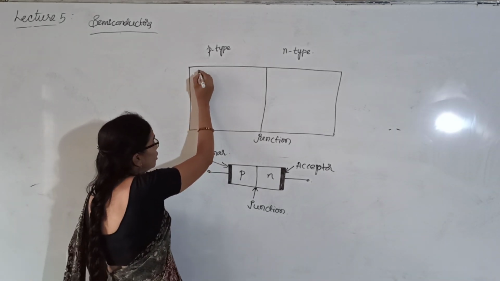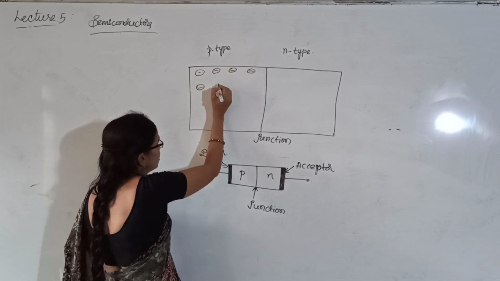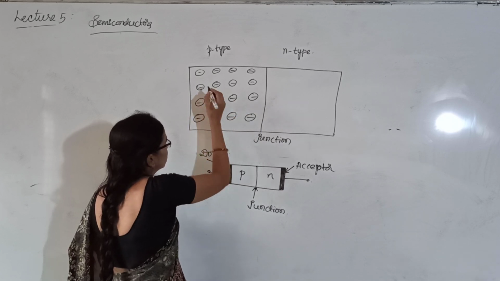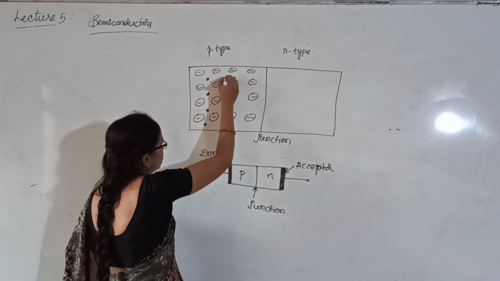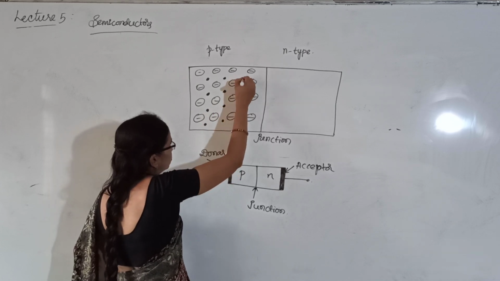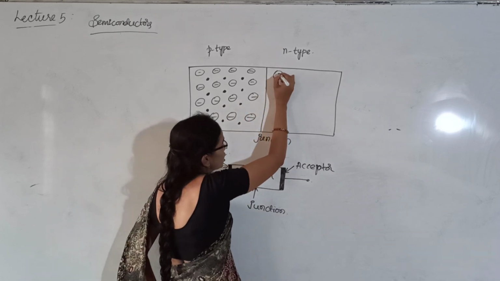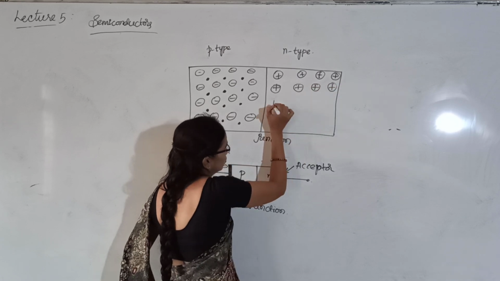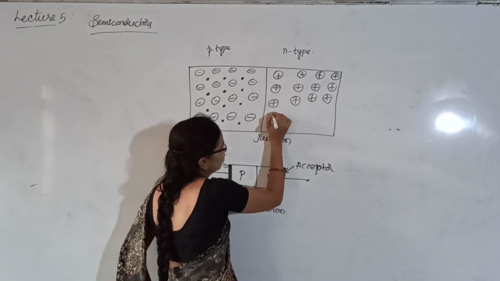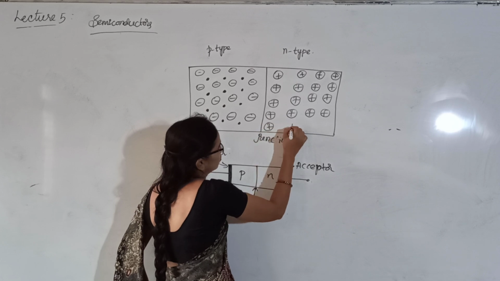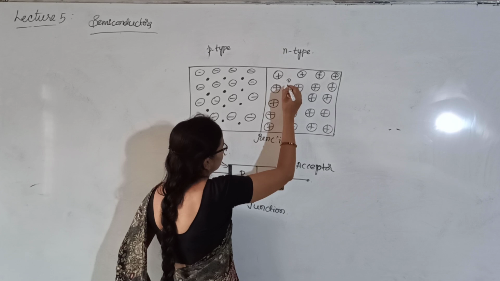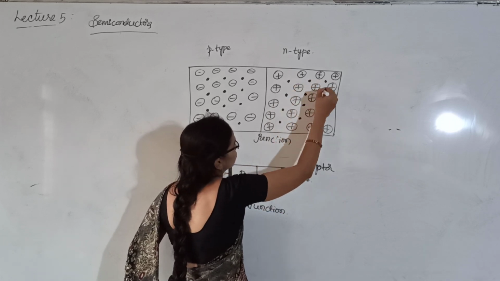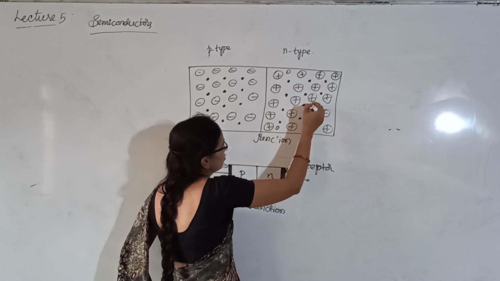In p-type you can expect negative ions as well as, here you can expect positive ions, the donor ions, and a large number of electrons and very few holes.